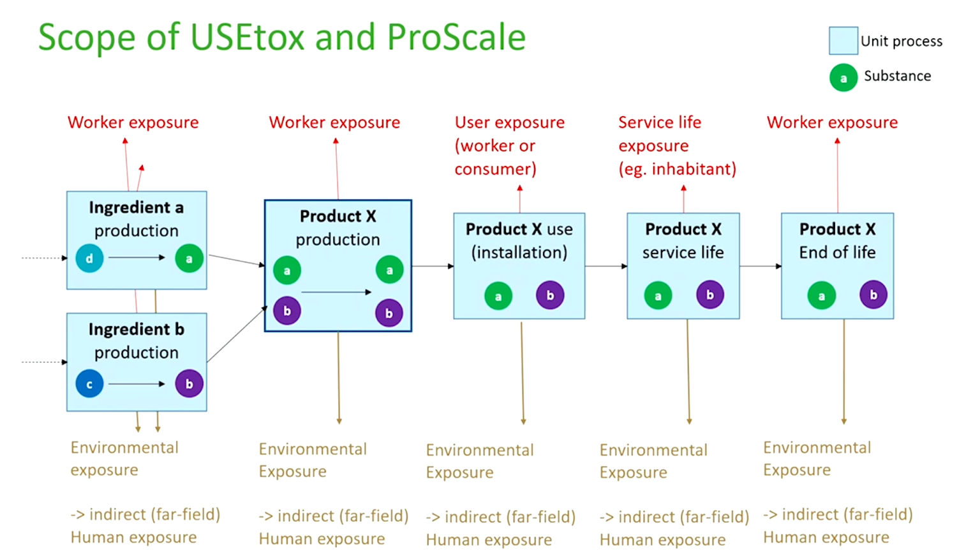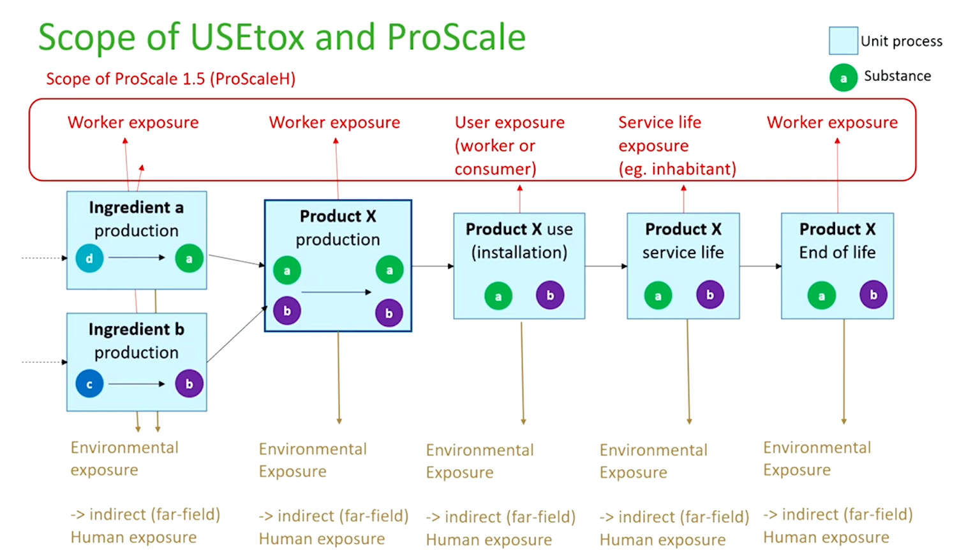So you can see here a very schematic picture of a life cycle from left to right, and on the upper part you see in red the various arrows pointing to worker exposure or user exposure, for that matter, or service life exposure. In Kerstin's vocabulary, that would be the near field exposure, basically.